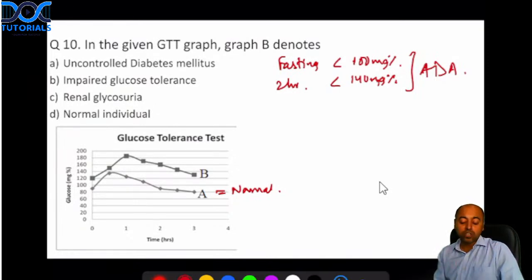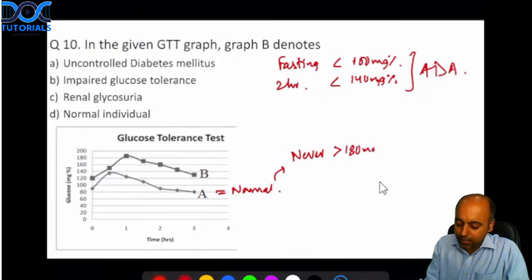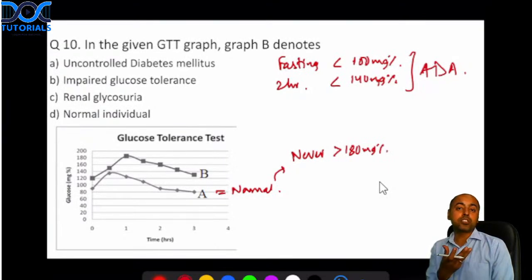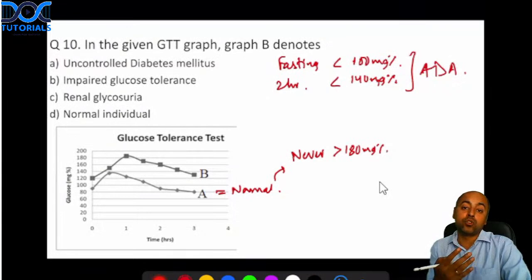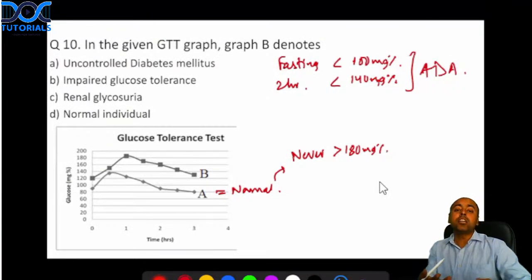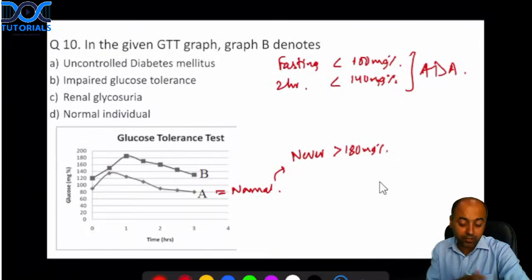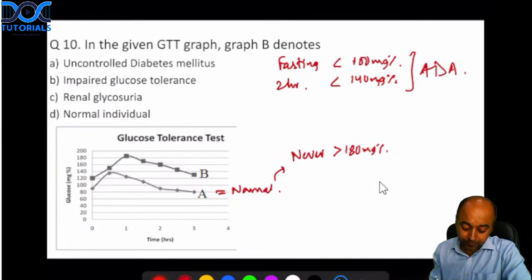In addition, you have to keep in mind that in a normal individual, the value will never be greater than 180 milligram percent. Why 180 milligram percent? 180 milligram percent is the concentration which we call the renal threshold. If the concentration is below this, then the kidney is able to absorb all the glucose from the ultrafiltrate. So it will never go above 180.